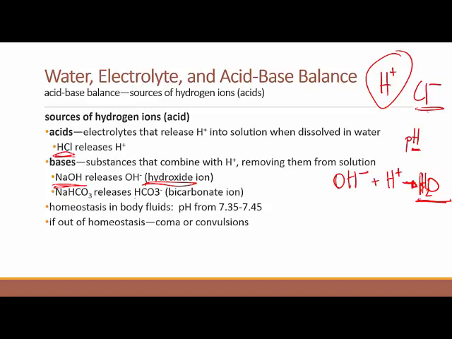As well, the sodium bicarbonate molecule, that's baking soda by the way, when you dissolve that in water, it releases the sodium, so now we have a sodium ion running around, and then this HCO3 minus, where the 3 should actually be a subscript 3. That's the bicarbonate ion.